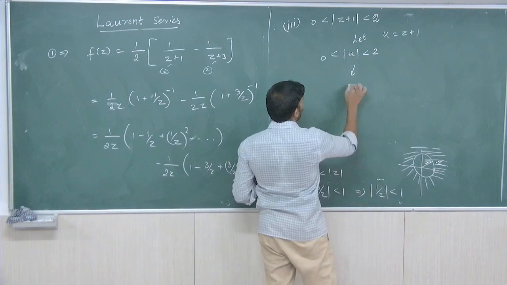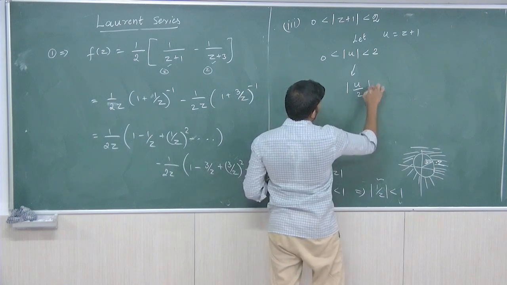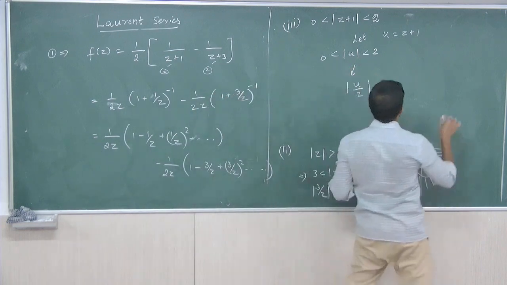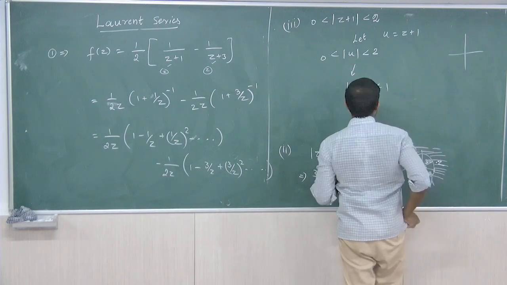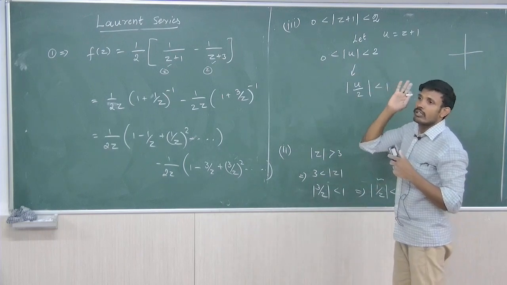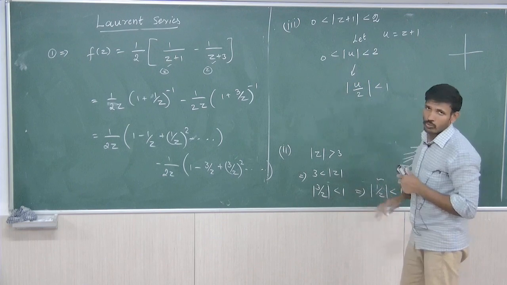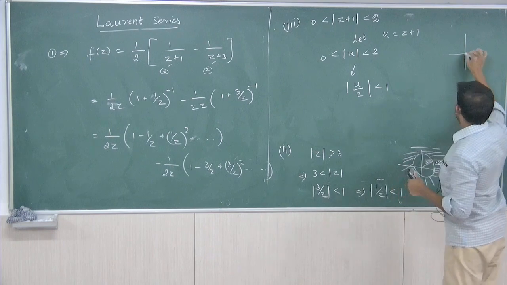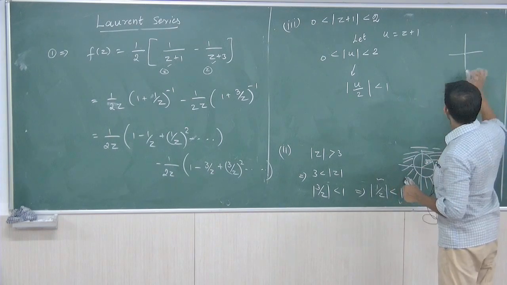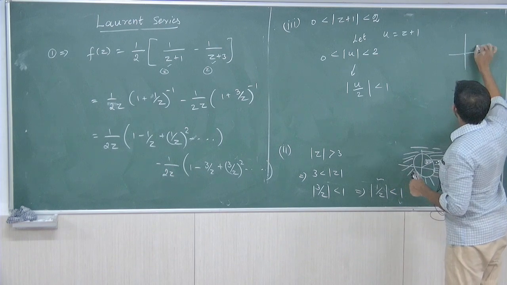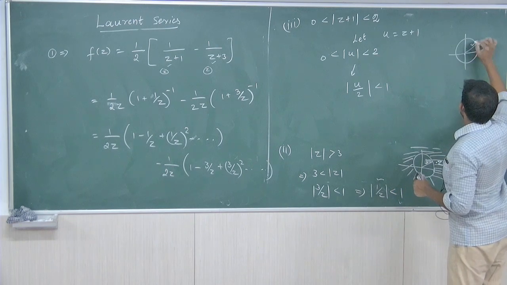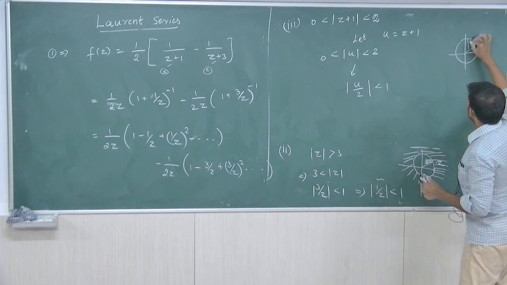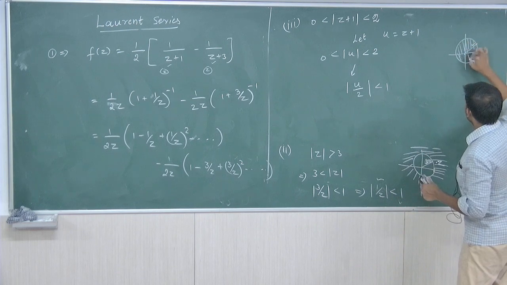So from that you can use modulus u by 2 less than 1. By using the diagram, it is very easy to draw the region with respect to u. I am taking u as another complex number, that's all. If you draw this circle, suppose u is inside the region.